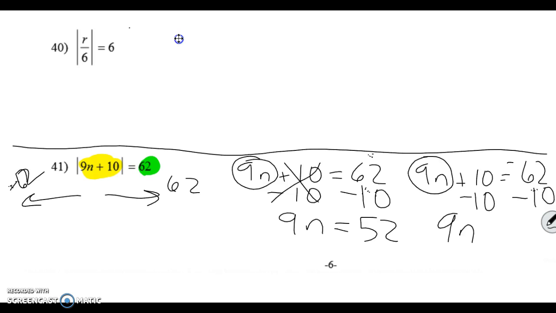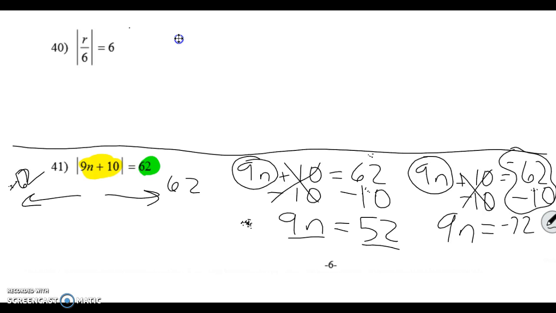So 9n equals, now this is negative 62 minus 10. Do exactly what it says, and I see negative 72. And we're back all the way over to the left, and I see 9n equals 52.